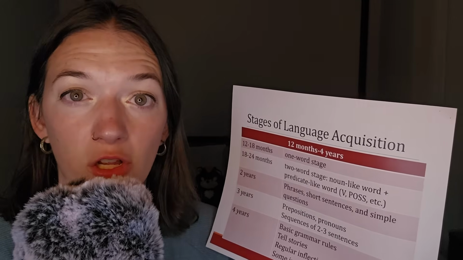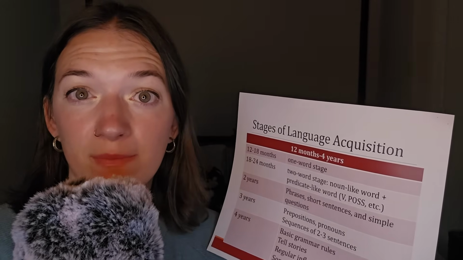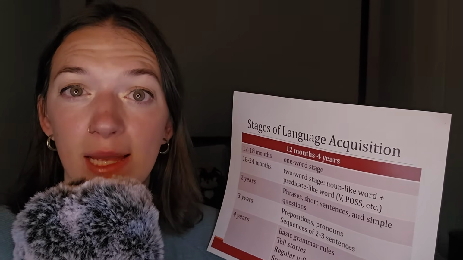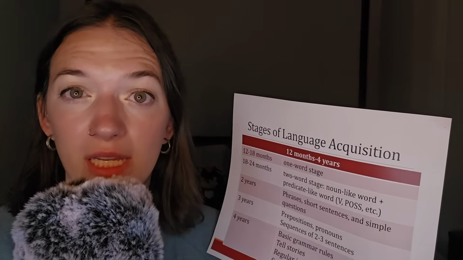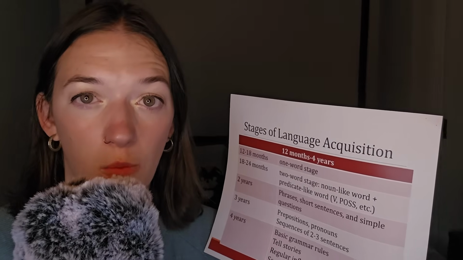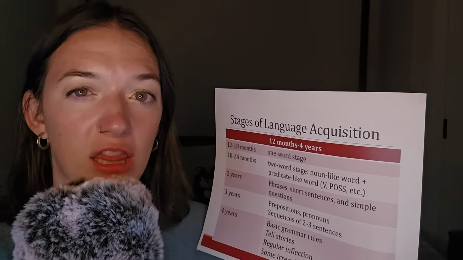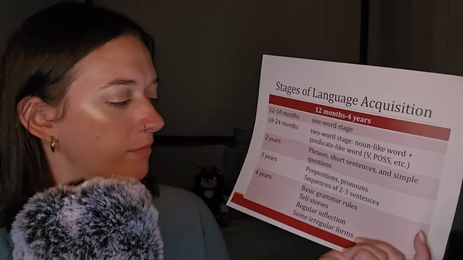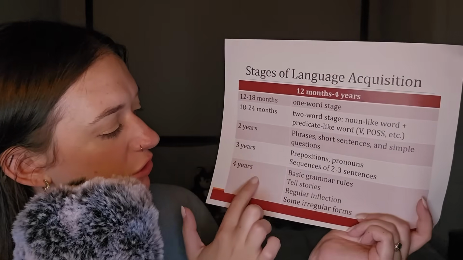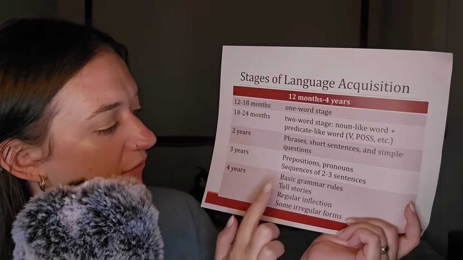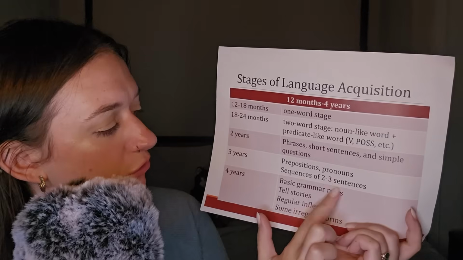They may not have learned I or me yet. They might say things like baby go, baby hungry, baby want, because they don't have I or me in their vocabulary yet. At 4 years old, children have acquired basic grammar rules.